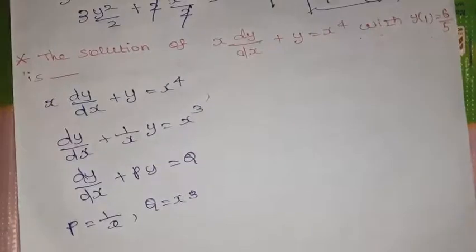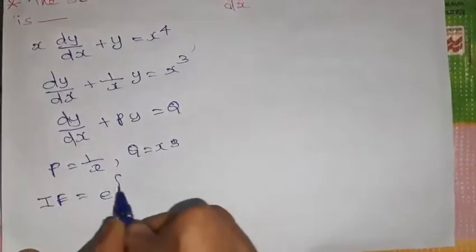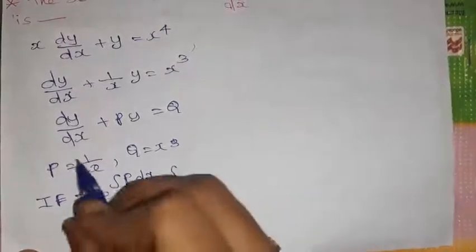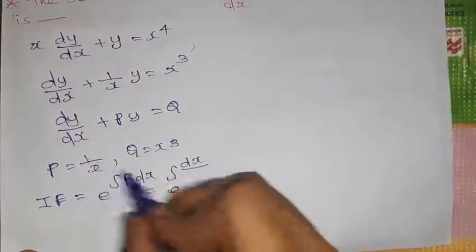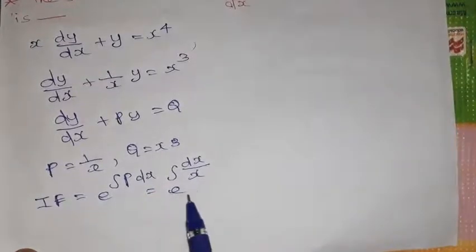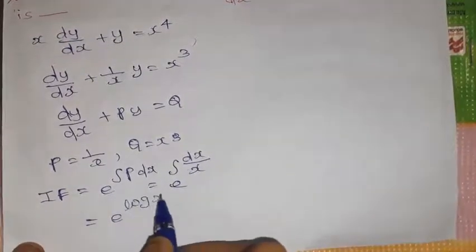Then we need to find the integrating factor. How to find it? e power integral p dx, and p dx is 1 by x dx. I am writing e power integral dx by x; by integrating we will get e power log x.